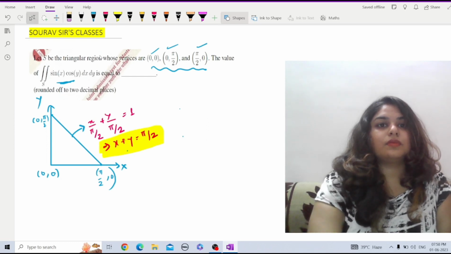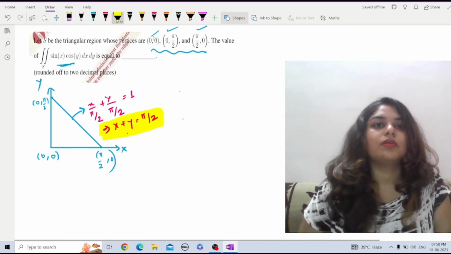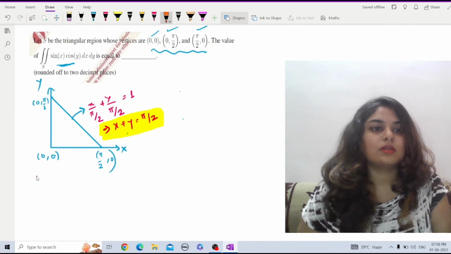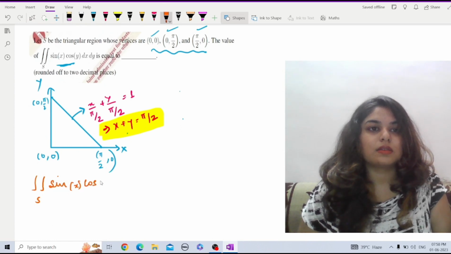Now the integral we have to evaluate is sin x cos y dx dy.